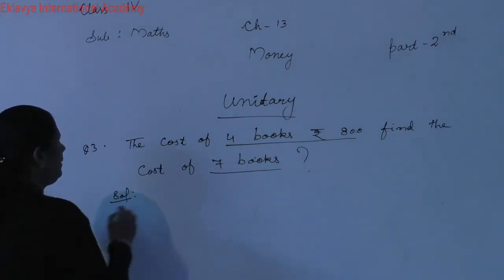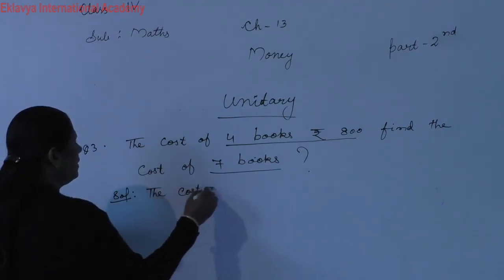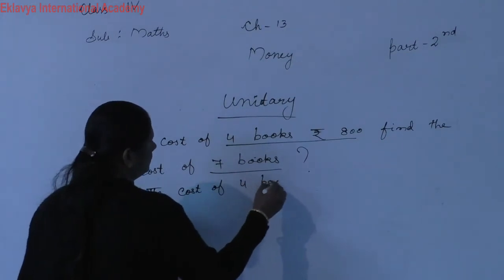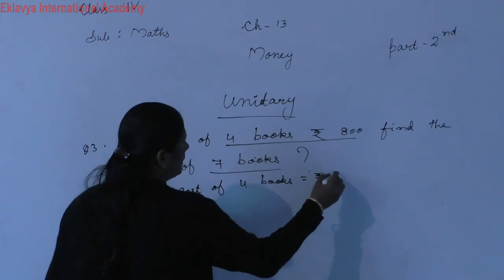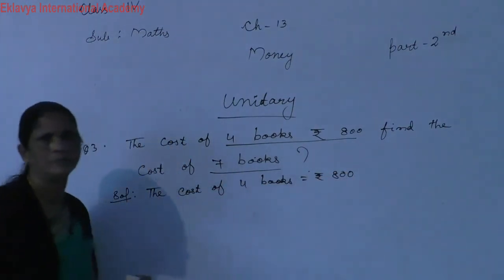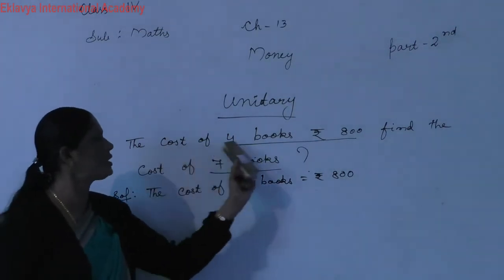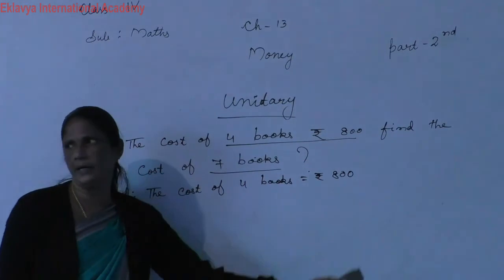Then the solution. First we write: the cost of 4 books is rupees 800.